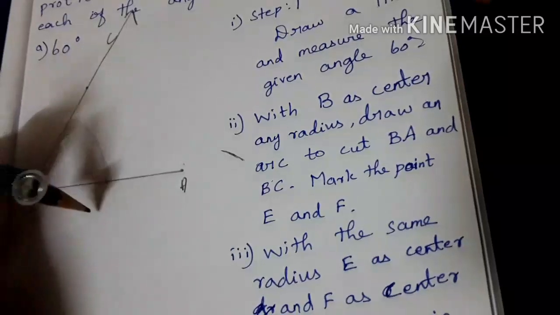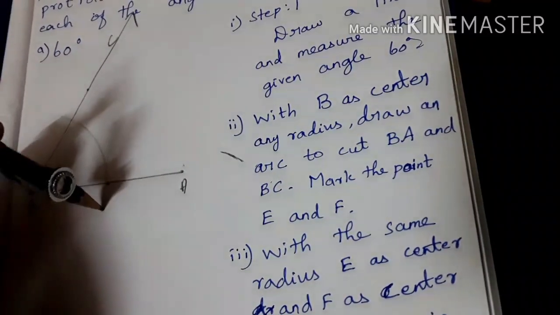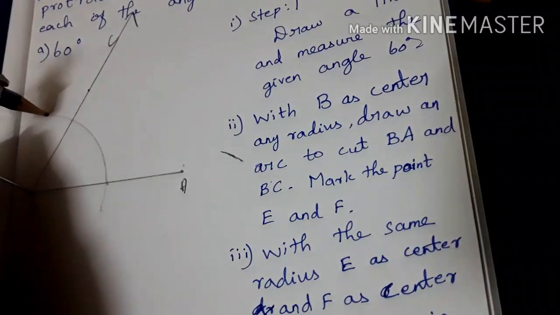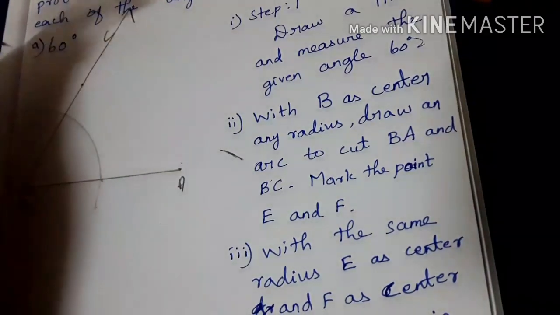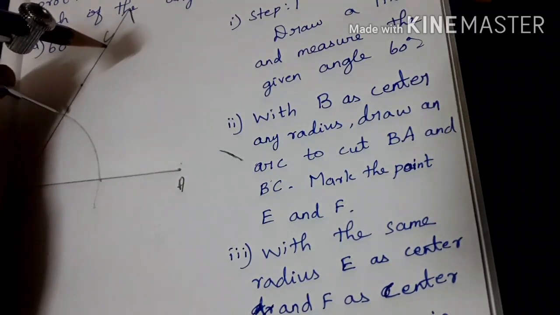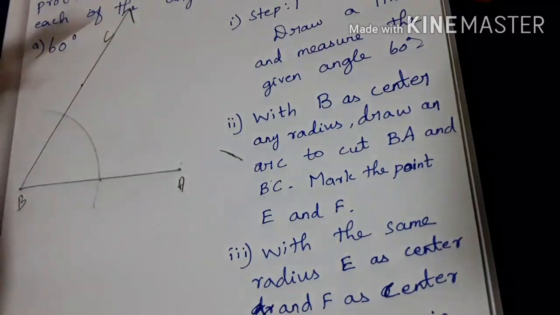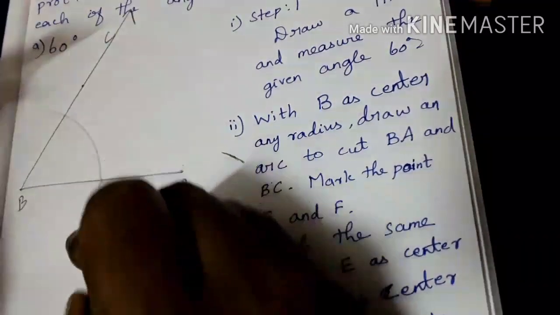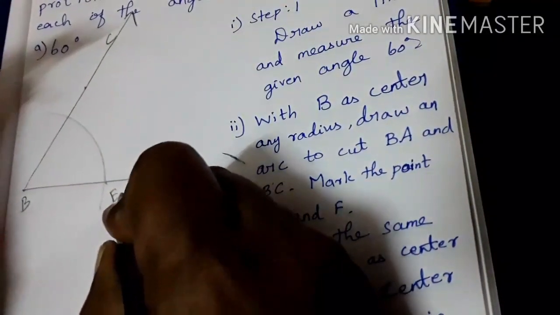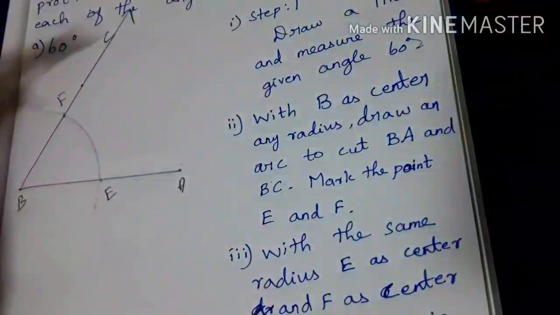The arc should cut BA and BC. Where it cuts BA, it is denoted as E. Where it cuts BC, it is denoted as F.